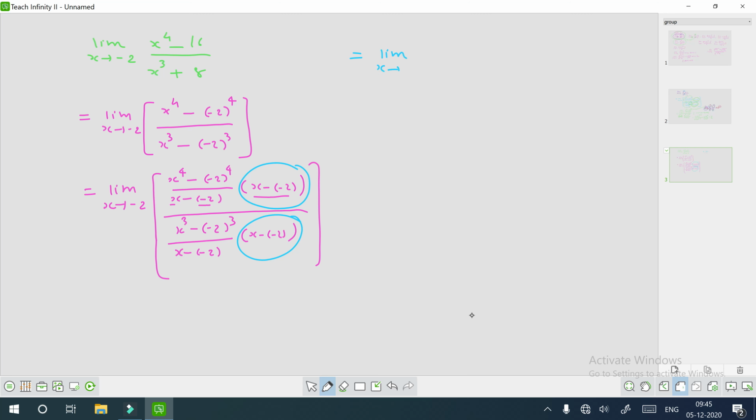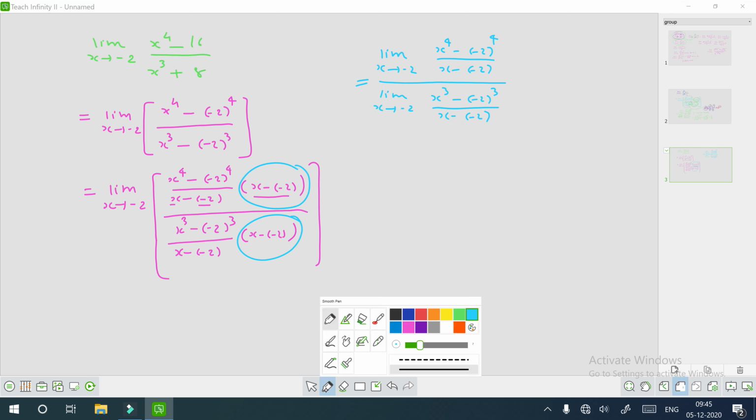Limit x tends to minus 2, x raised to 4 minus minus 2 raised to 4 over x minus minus 2, and in denominator quantity, limit x tends to minus 2, x cube minus minus 2 cube over x minus minus 2.